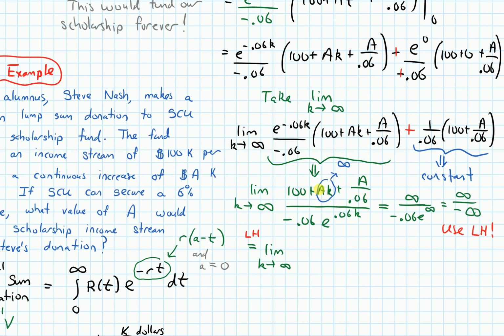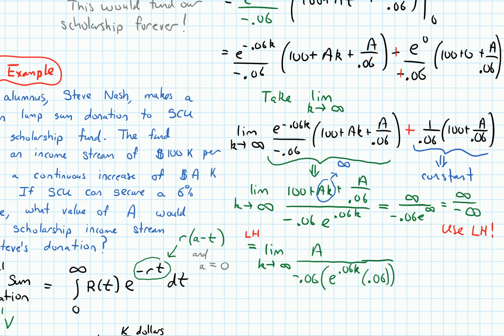So the derivative of ak would just be a. And on the bottom, the negative 0.06 stays there because it's a constant multiplying my function. And then the derivative of e to the 0.06k is going to be e to the 0.06k, but I have to do chain rule and multiply by the derivative of the exponent, which is 0.06.